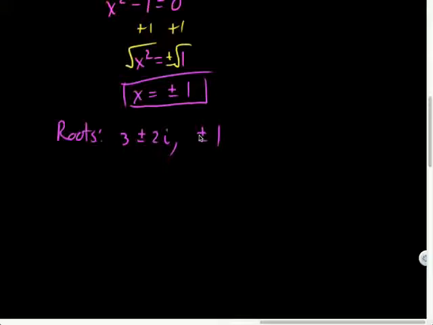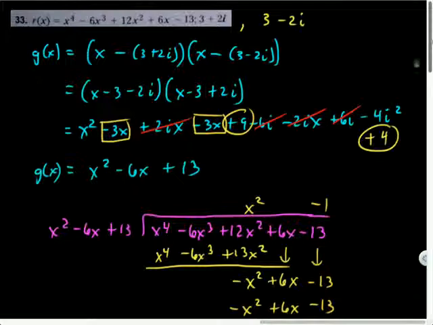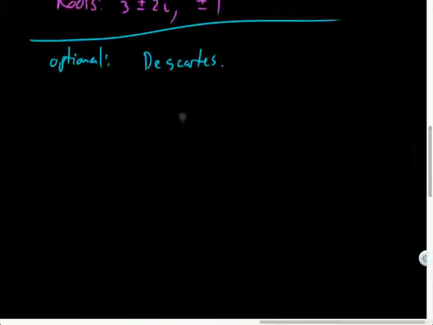Actually, just for funsies, optional, unnecessary, you don't have to do this. Let's use some old Descartes on this, and verify that I would have had 2 imaginary, 1 positive, and 1 negative, right? Let's check out what old Descartes would have told us here.